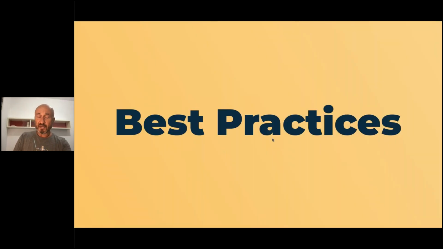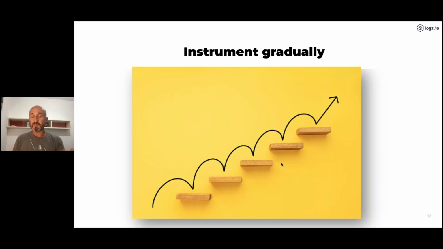Let's talk about best practices, because if you want to start tomorrow, you can do a set of things to get you going. So we talked about instrumentation. This is a process that involves developers, and as developer time is very expensive, we want to use it very efficiently. So the recommendation is always to instrument gradually.